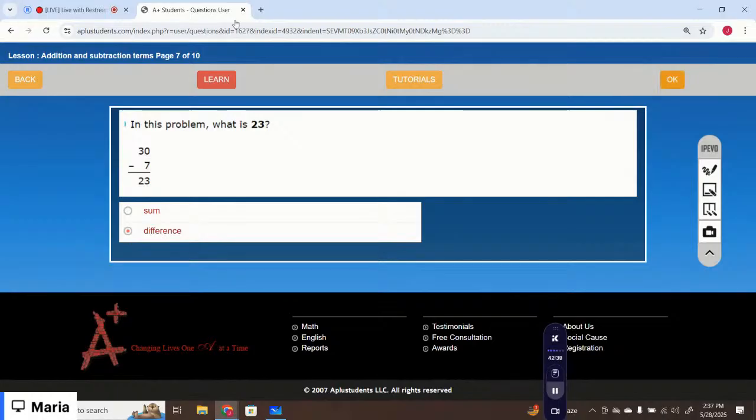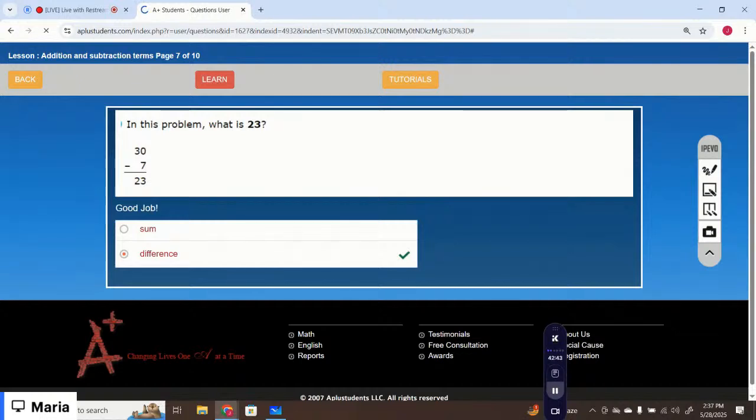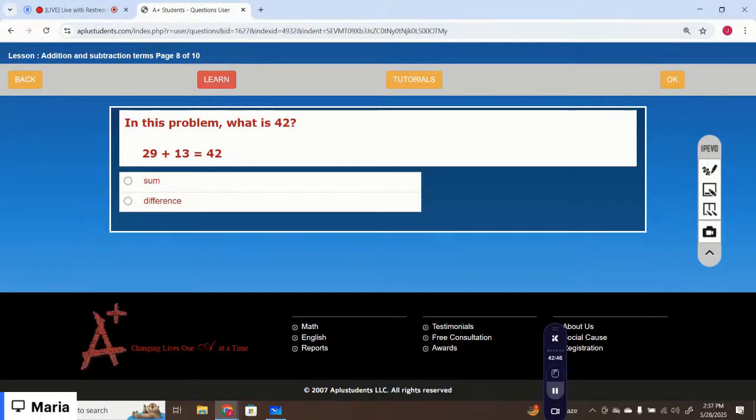That is difference. Option number 3 is the correct option. In this problem, what is 42? 42 is the sum.